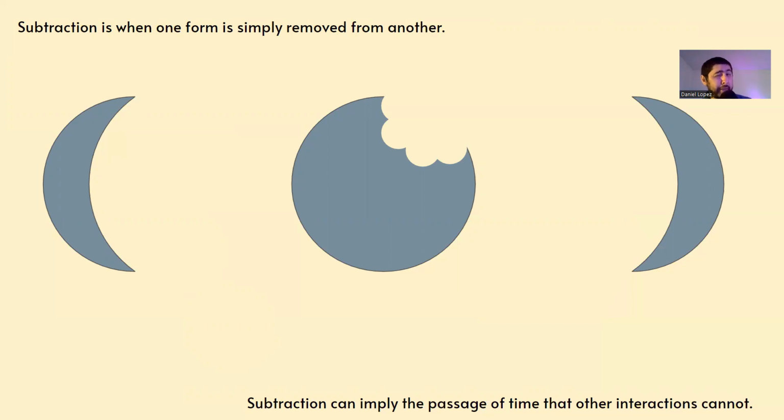Think about what that means, right? What subtraction is and how that might be a function of time. Basically before, after, right? Before we would think of this as a full circle that was bitten into, right? So this is kind of the after.